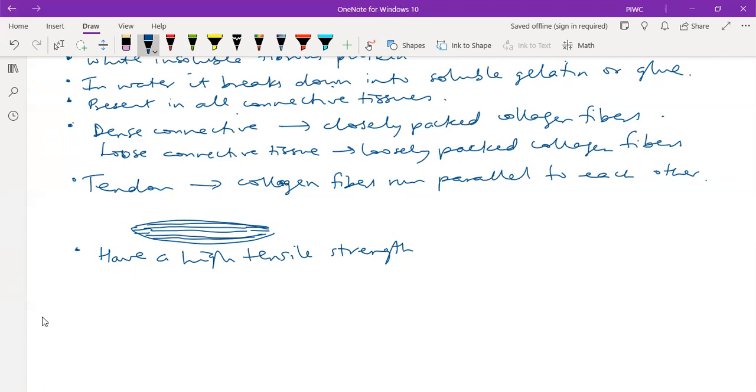Because of the high tensile strength, they appear in tendons, ligaments, the aponeurosis, the fascia and so on. If you take the abdomen, you have fascia and the aponeurosis; they appear there because of the strength.